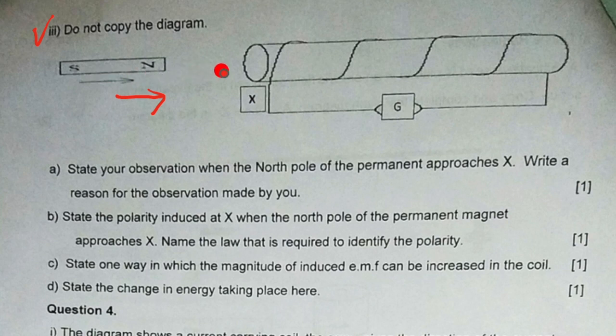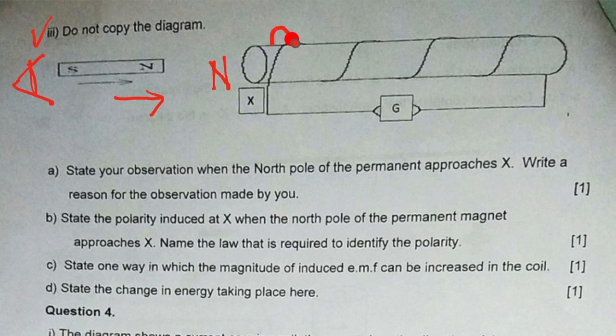Now when the north pole comes closer, by Lenz's law, this will become north polarity here at X, which means the current will have to be anti-clockwise. So you got to see from this side whether the current is going to be clockwise or anti-clockwise. Now, if it is coming from under and over, then it will become clockwise.